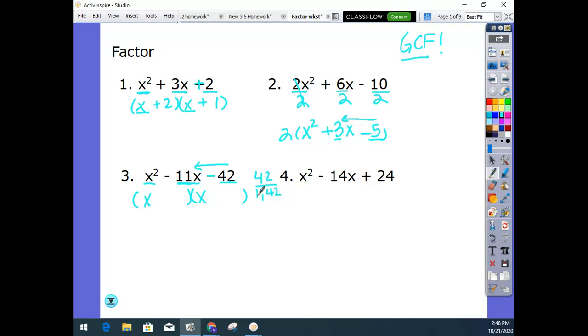I start with 1, 1 in 42. 2 goes into 42, 21 times. 3 goes into 42, 14 times, 6 and 7. So there's only one set of factors of 42 that subtract to get 11, 3 and 14. So then subtract 14, add 3 to get negative 11.